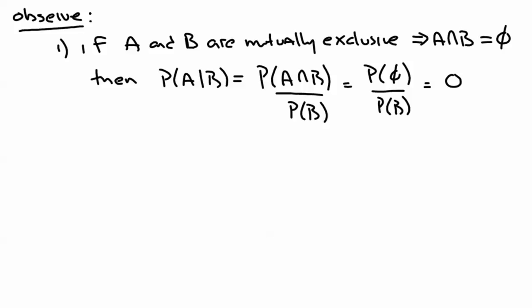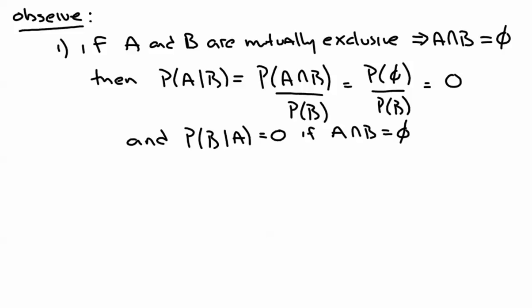So the probability of A if B is exactly 0 if A and B are mutually exclusive. Similarly, if A and B are mutually exclusive, I could also write probability of B if A equals 0, if A intersect B equals the empty set. All right?